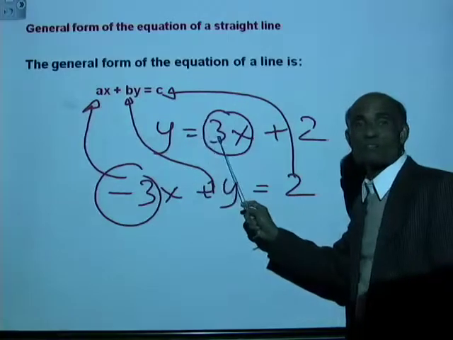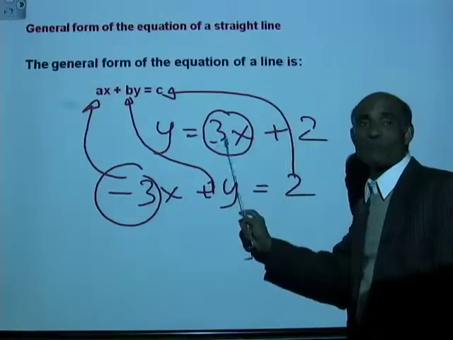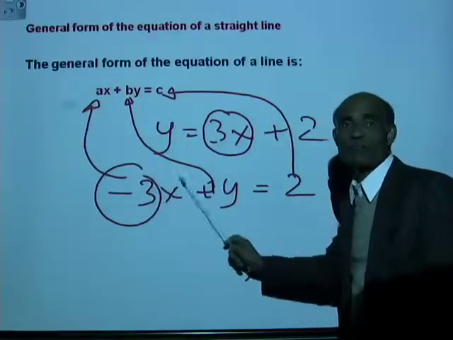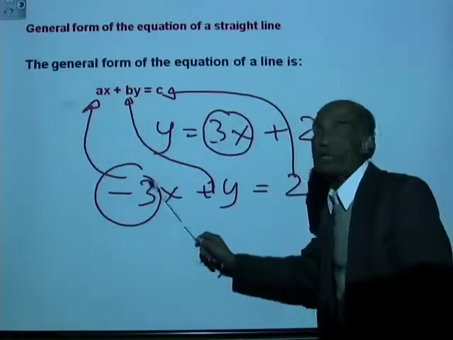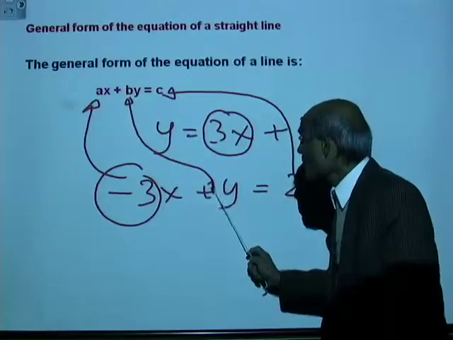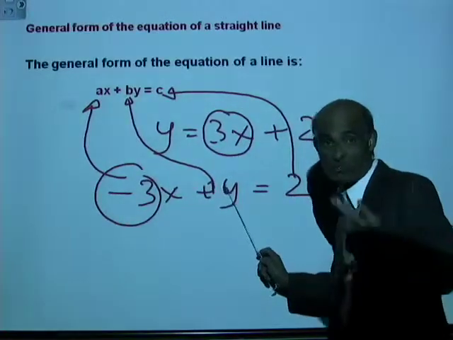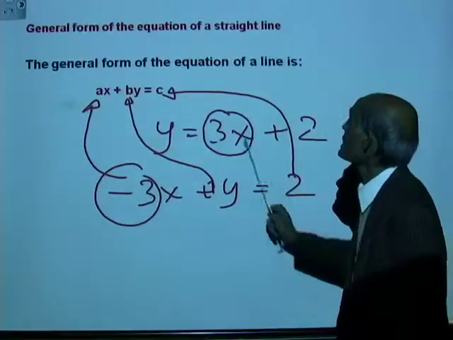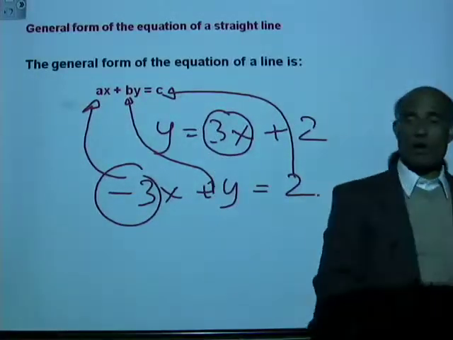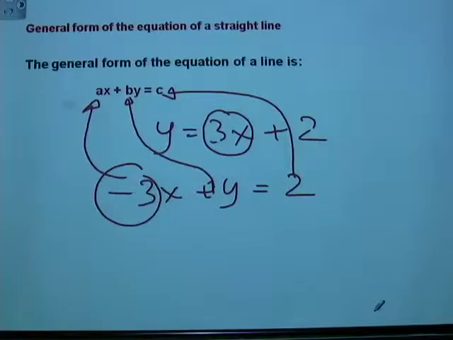See, y equal to 3x plus 2 is the same as -3x plus y equal to 2, where -3 is your A, positive 1, y means 1y, is your B, and C is 2. Okay, having done that, let's go back and talk more about this.